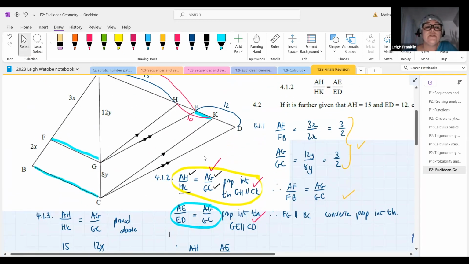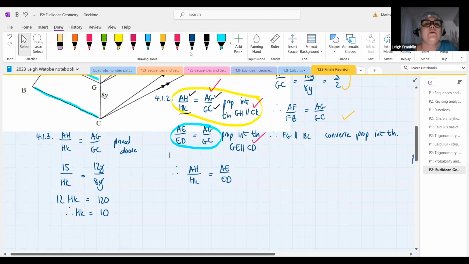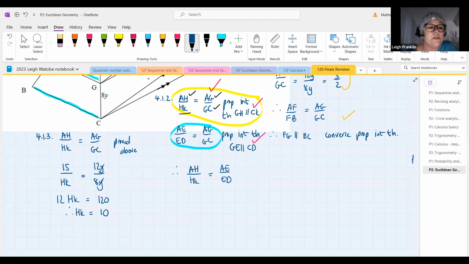So let's put that down. AE over ED is equal to AG over GC. Again, it was proved above.